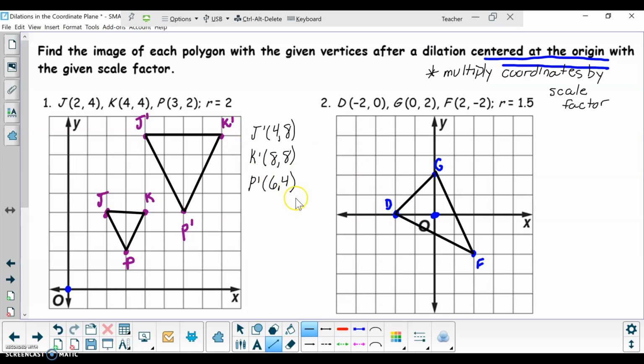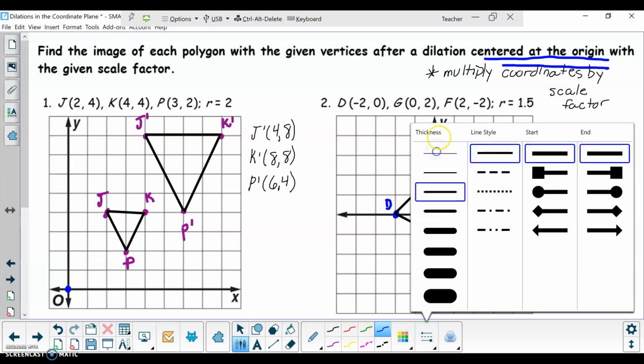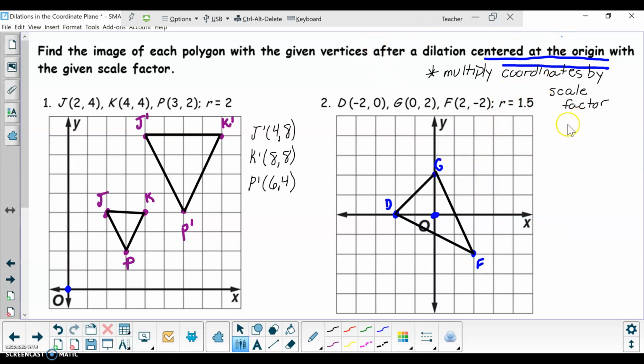Okay, so that triangle is my pre-image. So now we're going to find the coordinates of the image. Okay, so here my scale factor is 1.5. So our image is going to be 1.5 times the size of the original.